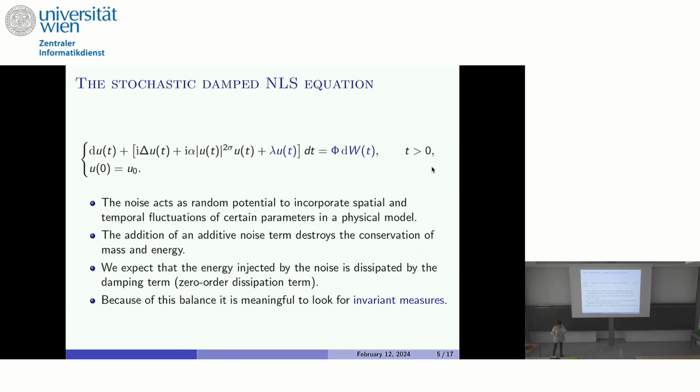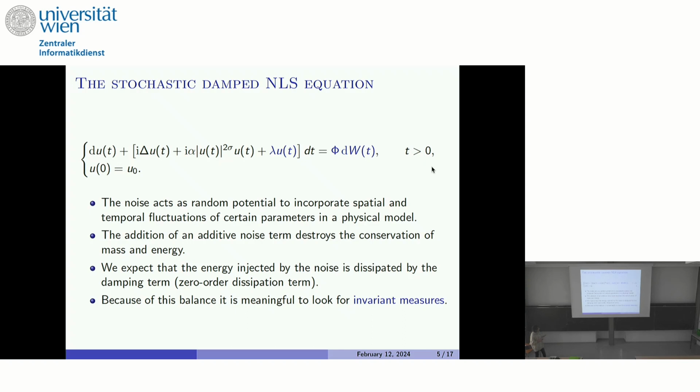We are interested in studying a perturbation of the nonlinear Schrödinger equation, in the sense that we add to the equation a stochastic forcing term, which is an additive noise. The idea is that this is an injection of energy in the system, so we want to compensate this term by adding also a dissipative term. It's a weak dissipation, in the sense that it's just a damping term, a linear term, so it is not the Laplacian and does not provide any regularization.